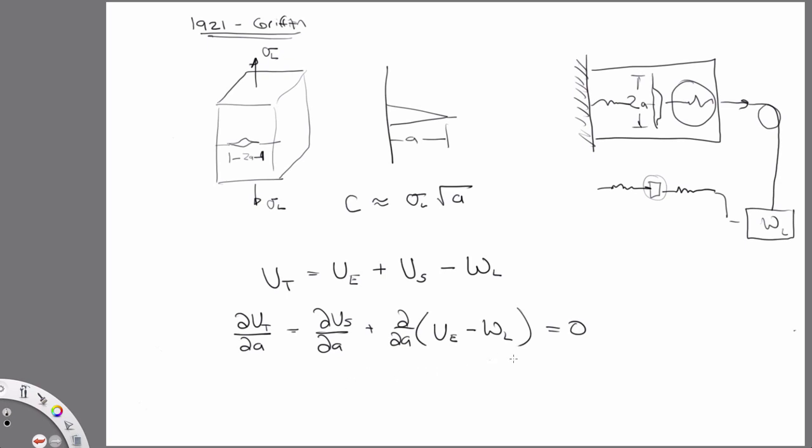And so the work due to loading, I mean, from Physics 101, what is work? Force times distance, right? So exactly, it's force times displaced distance. So we could also write that as force times the change in length.